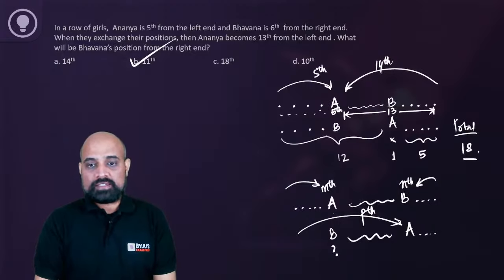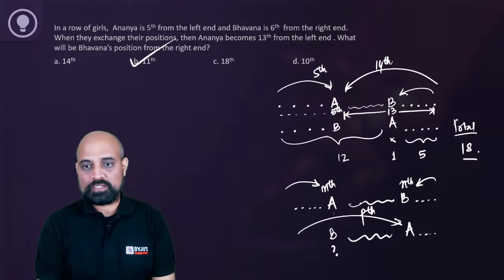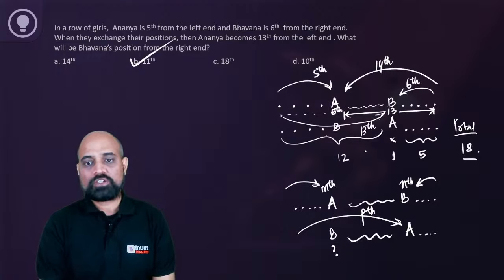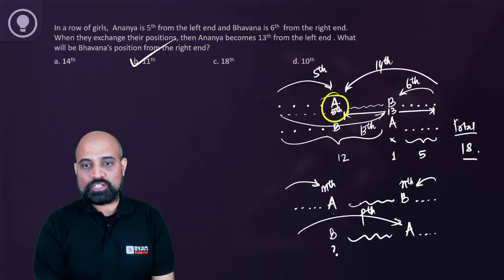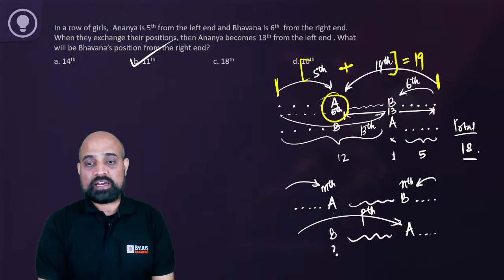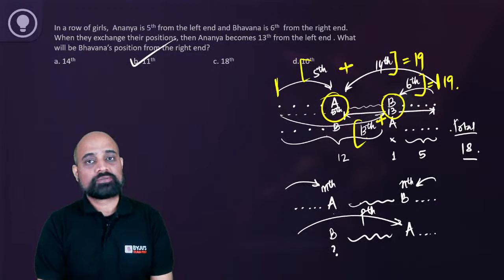So see, A was 5th and B was 6th from this end, right? And if A is 13th, A का ये 13th position था. So if you pick a particular position, तो उस position का left and right से जो values हैं positions का, उनका sum should be same as दूसरे person का right and left का sum. 13 plus 6 is going to be equal to 19, right?